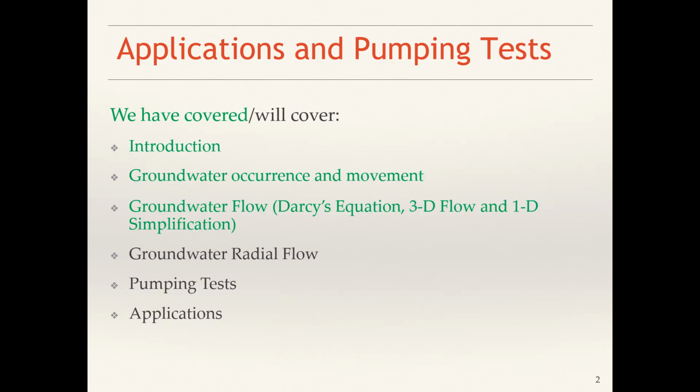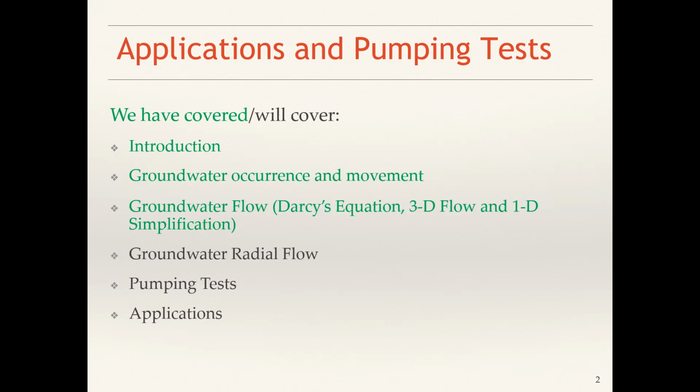Those assumptions can be that the unsteady flow equation is assumed as steady, or the heterogeneous aquifer is assumed as homogeneous, or the anisotropic aquifer is assumed as isotropic. Like that, using those assumptions, you can simplify the equation. Then we discussed a couple of examples. So that is what we did during the last class.